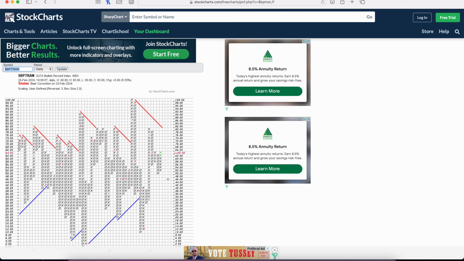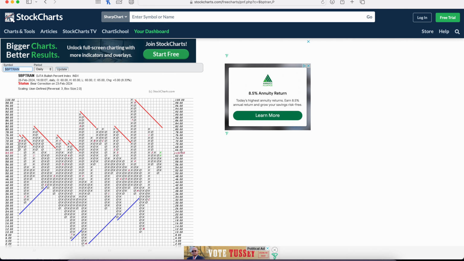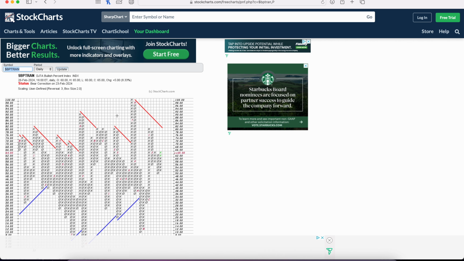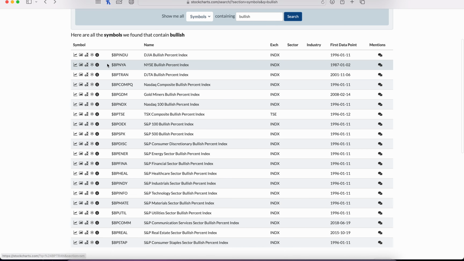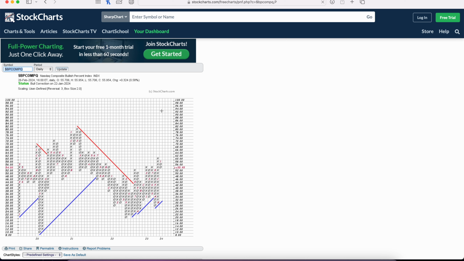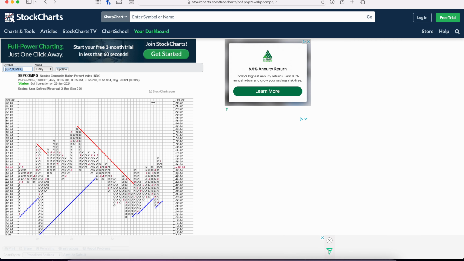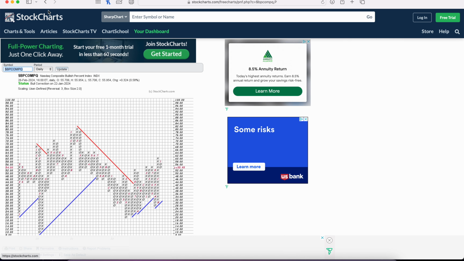And you can see we had a point and figure sell signal where the O's exceeded the previous column of O's to the downside, and then it would flip right around and make a new column of X's and possibly a new point and figure buy signal, which is just the kind of market we're dealing with right now. The NASDAQ went up by 0.58% today, so nothing to write home about.